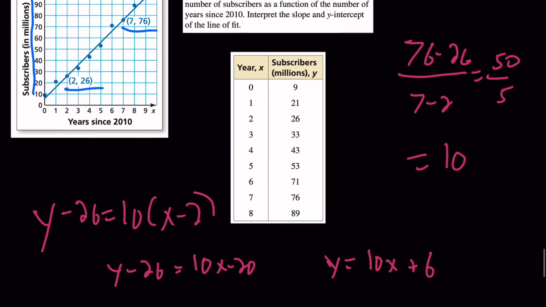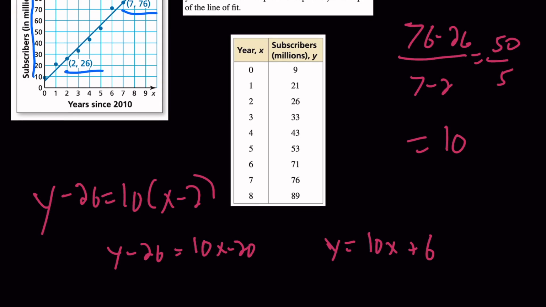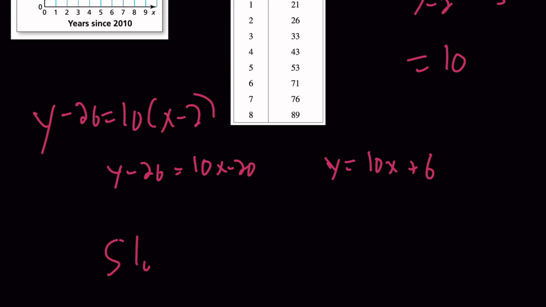So now you have to interpret what that means. Roughly, your slope is your change. So this means you're gaining about 10 million each year.